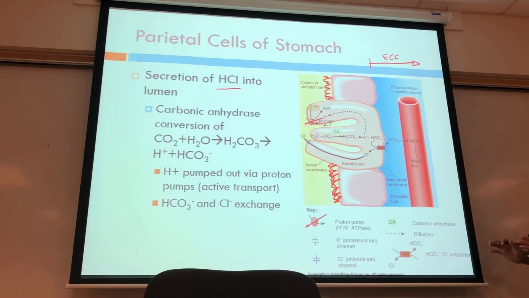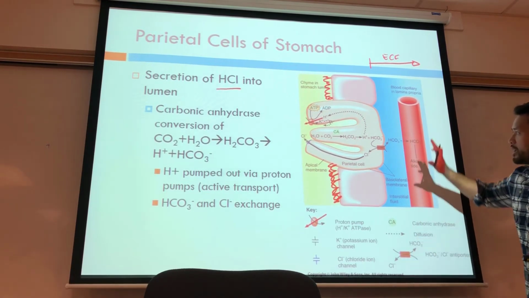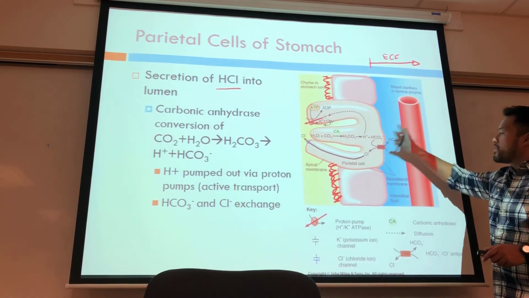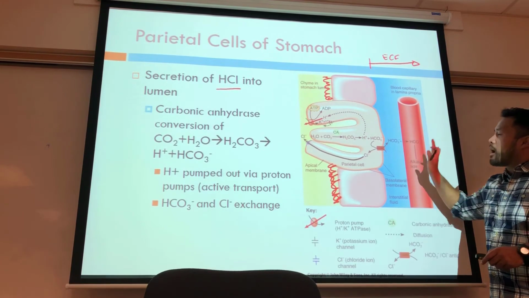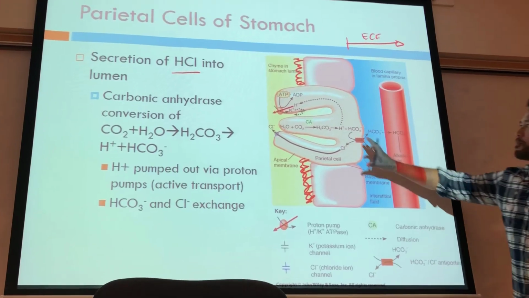So what we need to talk about is how do we get these components, how do we get CO2 and water into the cell, and through our conversion, how do we produce hydrochloric acid on the apical side of the parietal cell? So let's start off with our parietal cell.